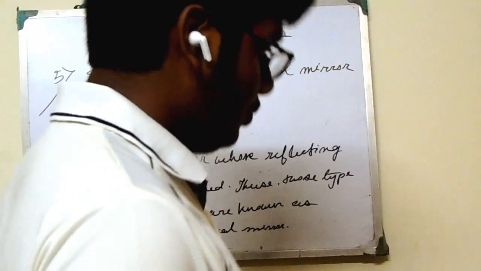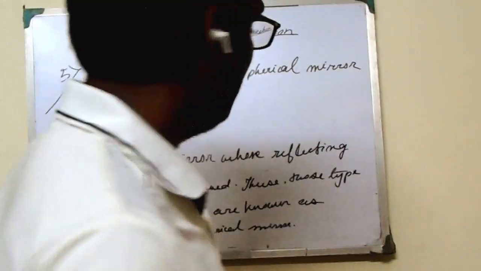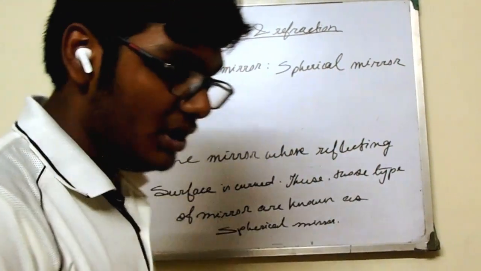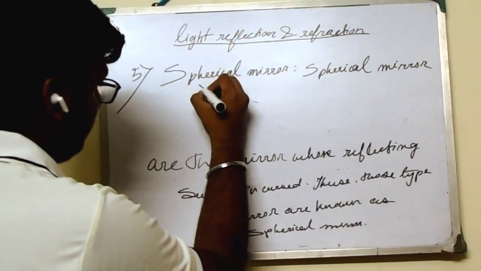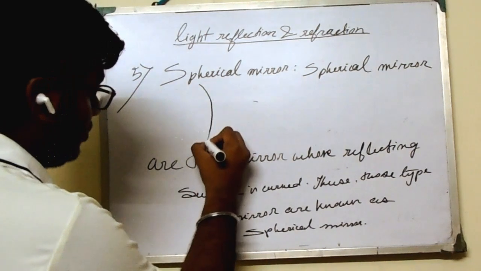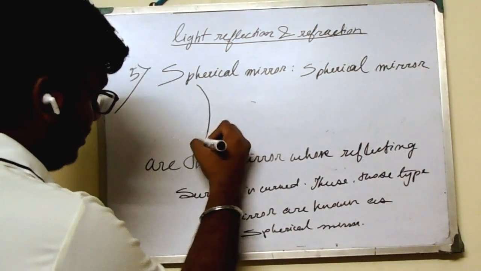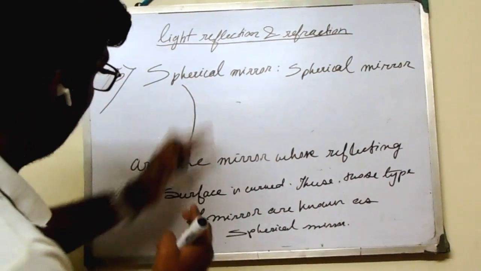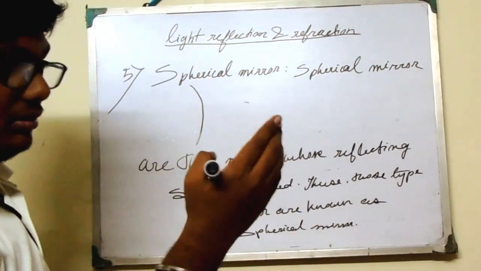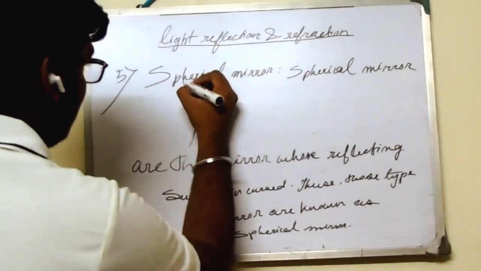So a diagram is given. This one is the concave mirror. The reflecting surface is this one, and the portion which is covered is this one.